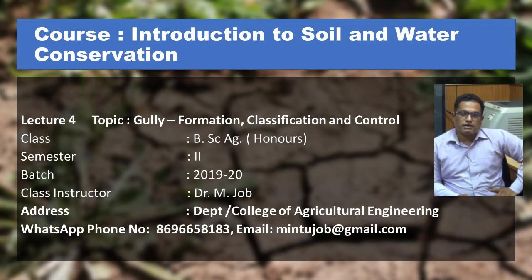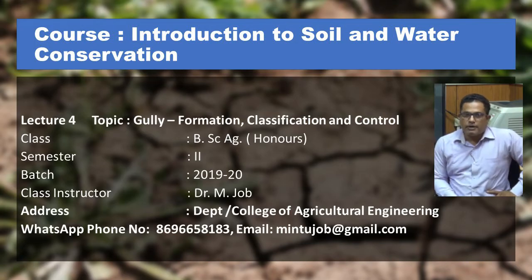So if this rill erosion is not controlled through proper tillage implements or proper tillage activity, it will take the shape of a gully, which is a widened, deepened and lengthened form of rill erosion. So when we talk about soil erosion control, gully erosion control is very important.